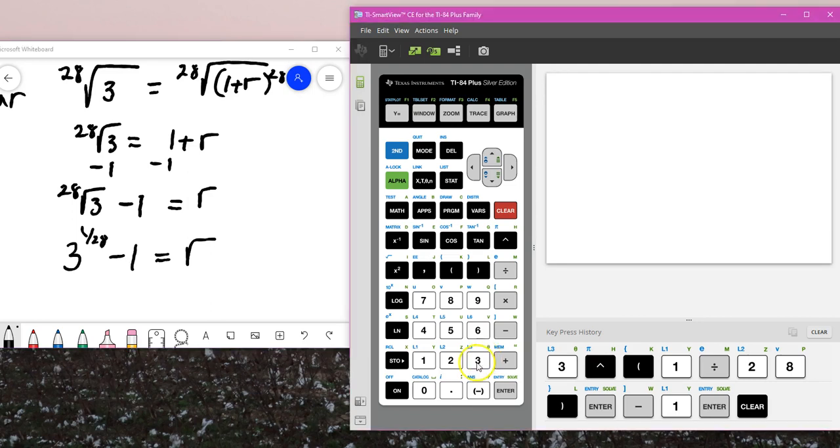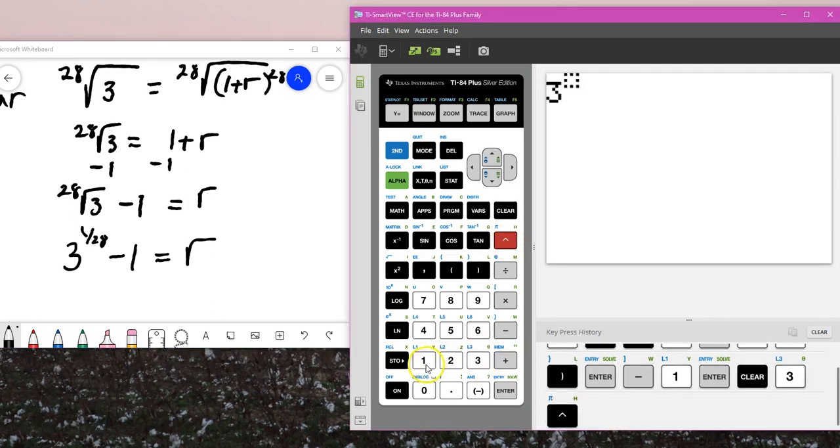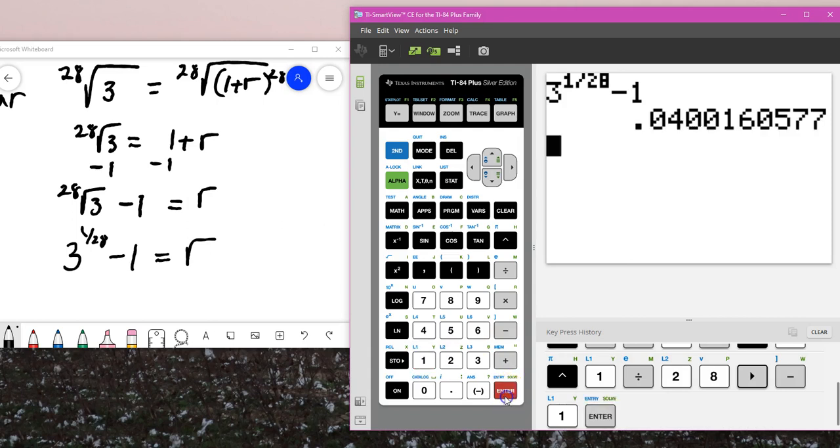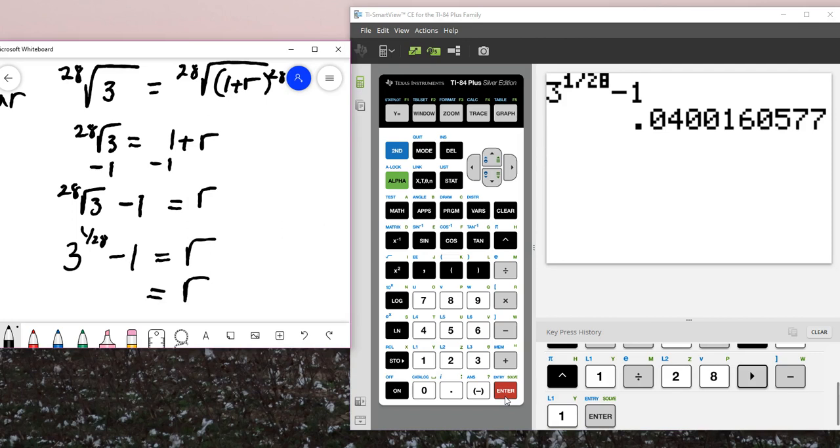So I have 3 to the 1 over 28 power minus 1, and our rate is 0.0400, and we typically write these rates in percentage form, so I'll move the decimal point 2 places to the right to get 4%. So we would need a 4% interest rate to triple our money in 28 years.